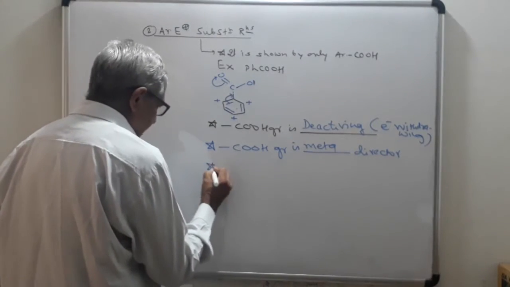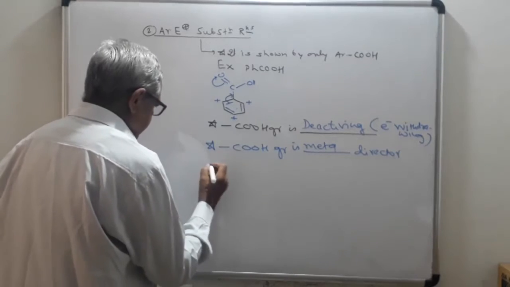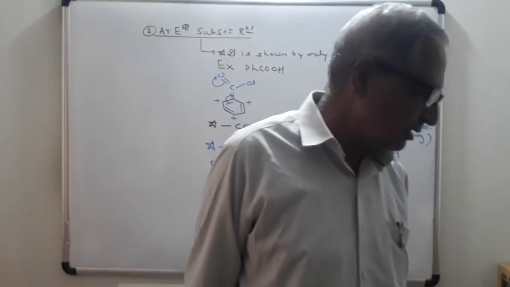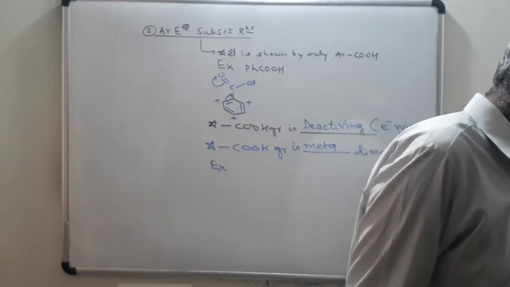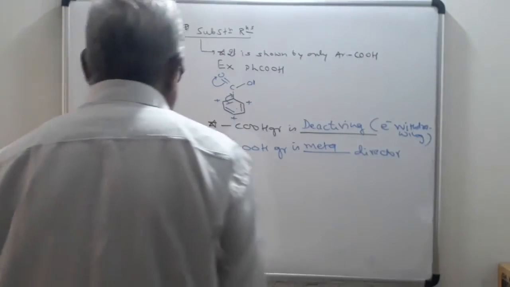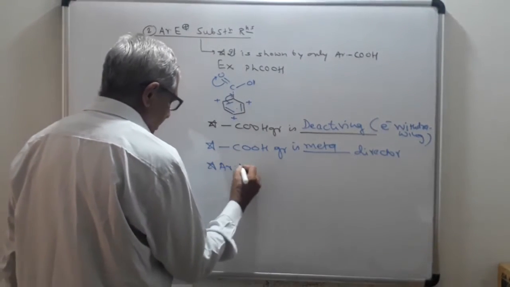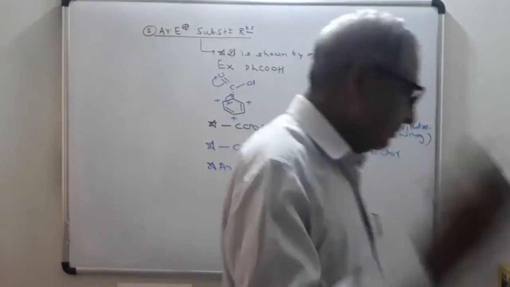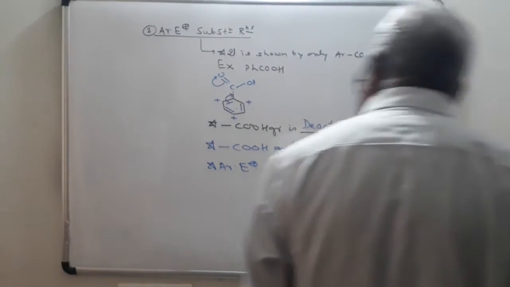Again, examples of these reactions are nitration, sulfonation, halogenation. These are the three reactions. These reactions are possible, but in particular, aromatic electrophilic substitution reactions are not possible for some cases.